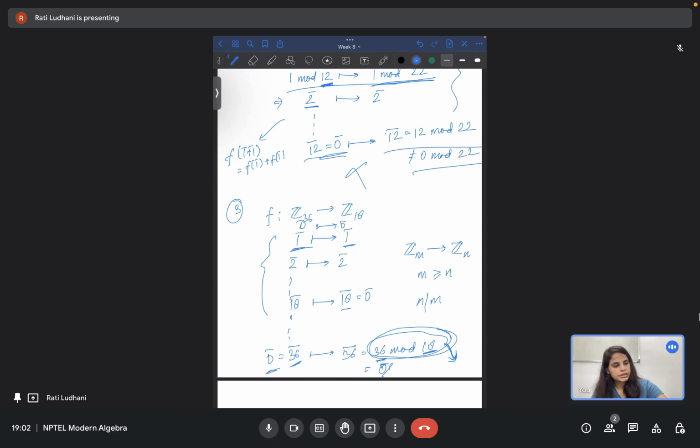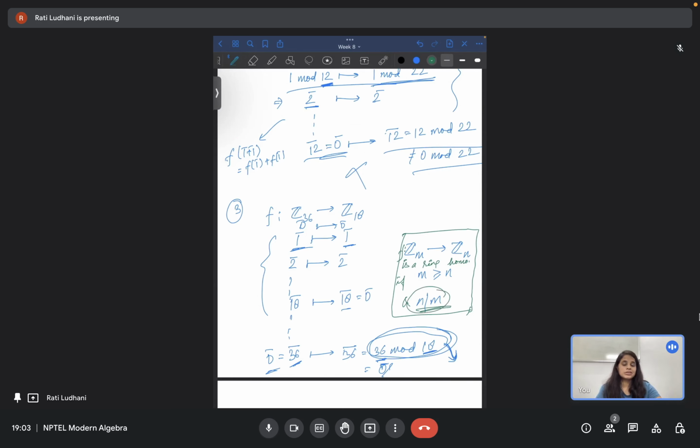So I can highlight it. This is the requirement in your case to have a ring homomorphism. If F from this to this is a ring homomorphism, actually you can just write that n should divide m.